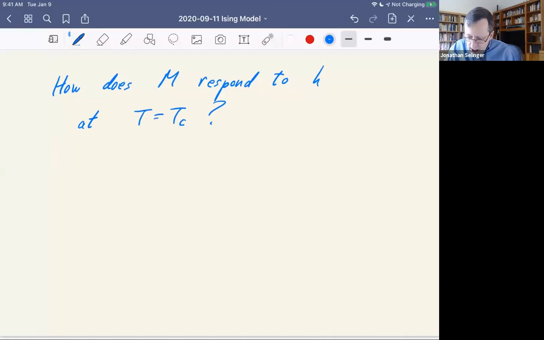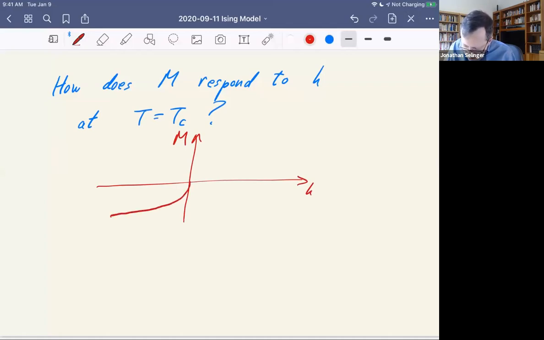That is, I showed you a plot in Mathematica that looks like M as a function of H. It's just vertical right there. So what's happening in this region where it's just vertical at one point?